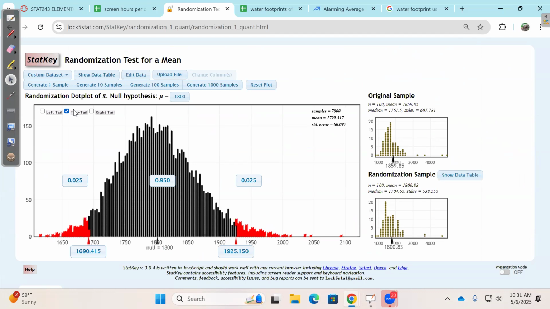Okay, my sample mean is up here, 1859.85. I got to put that in there to get a p-value. Okay, so that's the next step. So let's see, that number is bigger than the mean. True. That's currently on the screen. Mean is about 1800, so I got to plug it in on the right because it's bigger. If it was smaller, I'd plug it in on the left.